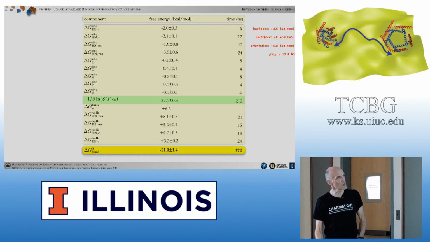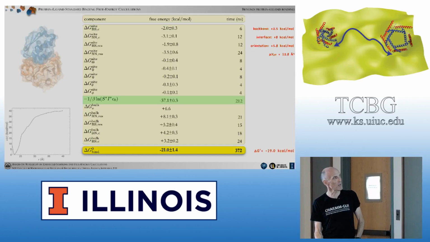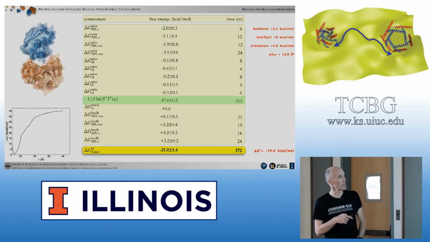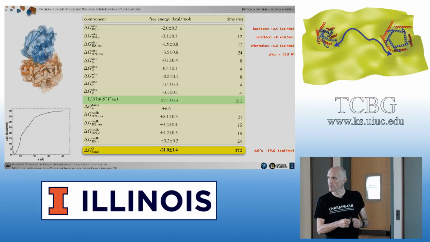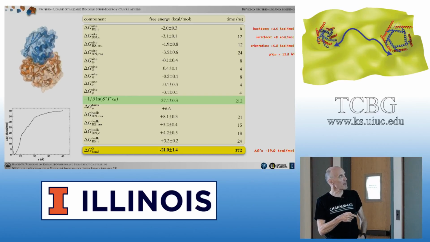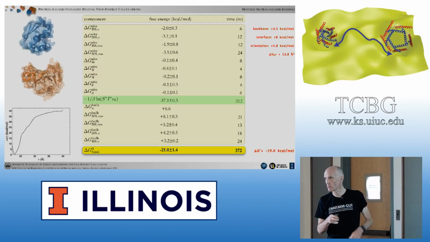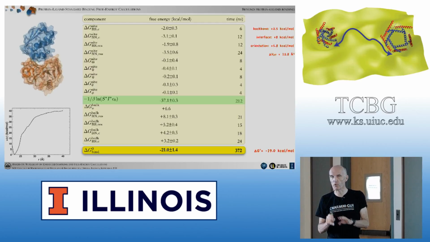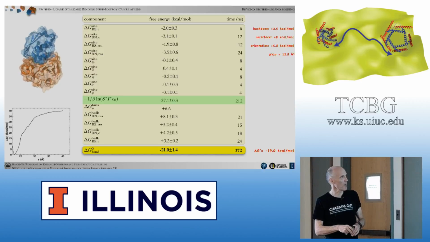When we started to work on bar star barnase binding, we were running this separation, the main course of the calculation, with only restraints on the conformation of the backbone. We were not imposing any restraints on the side chain.